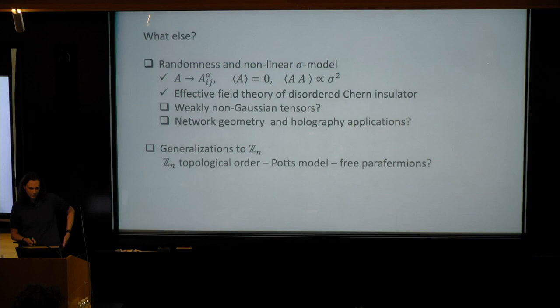But if anybody of you has ever tried to work with parafermions and you want to warn me about how horrible it is, then please talk to me. Because I'm very sure I'm going to be stuck on this problem for the next half year or something. Okay, so there's this Zn generalization.